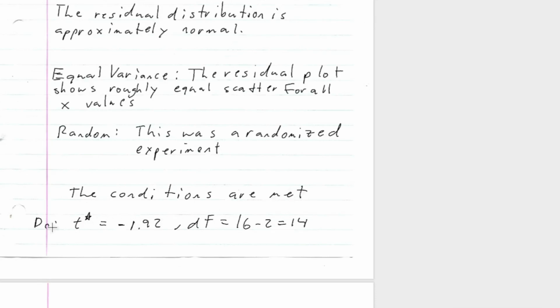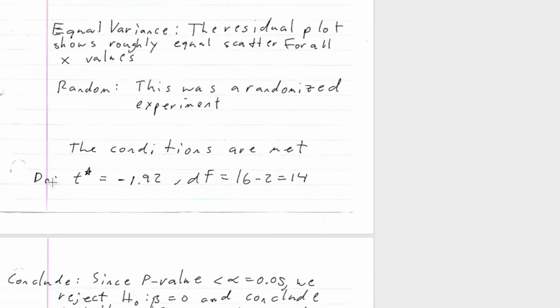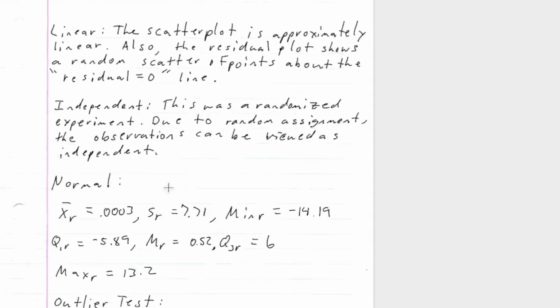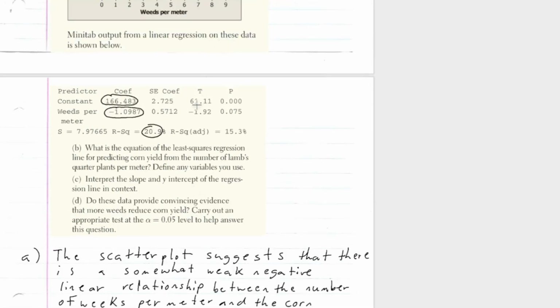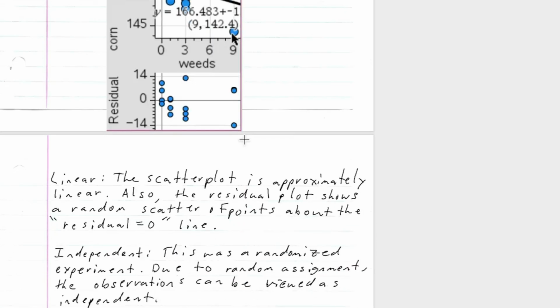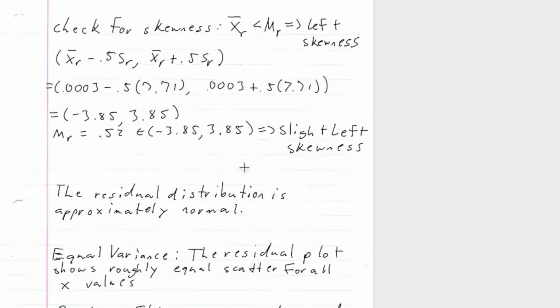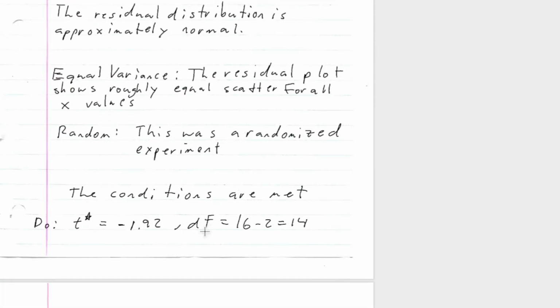So let's go ahead and do our hypothesis test. So the T star actually comes from up here. See, I have T is negative 1.92. So that's where I got that. And our degrees of freedom in these types of problems is going to be the number in the sample minus 2, which is 14.